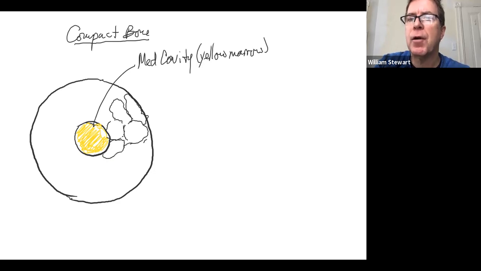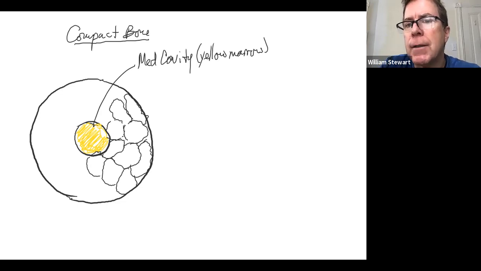They're not perfect circles, but they're somewhat circular. And this is magnified under a microscope. So we see these little outlines. And then in the center of one of these rings is a hole. And that tunnel runs parallel to this medullary cavity.